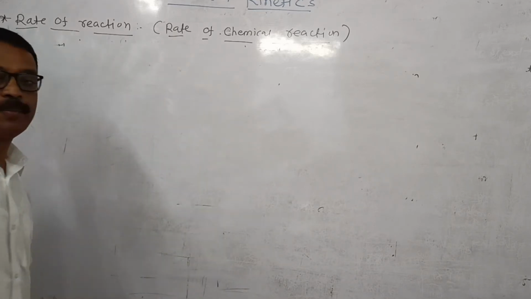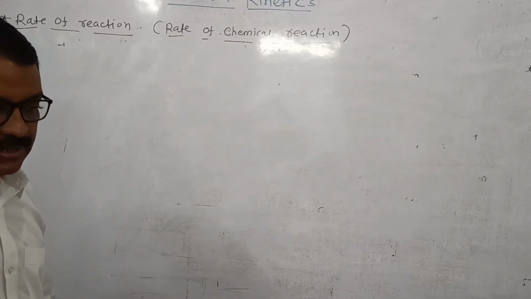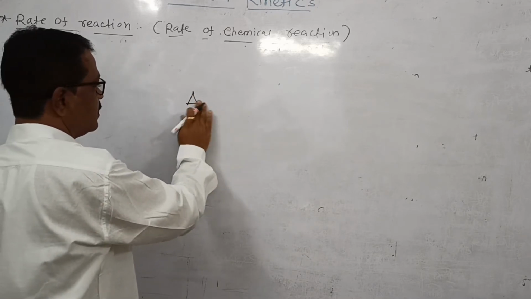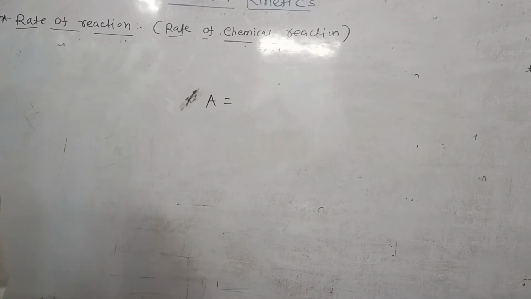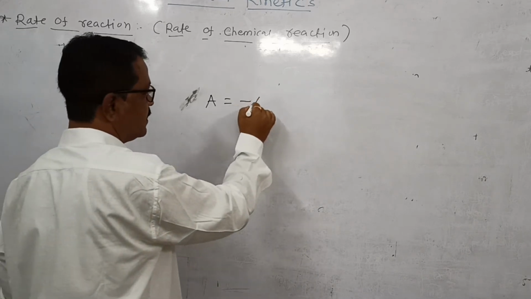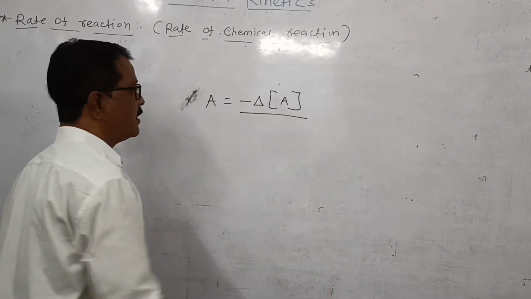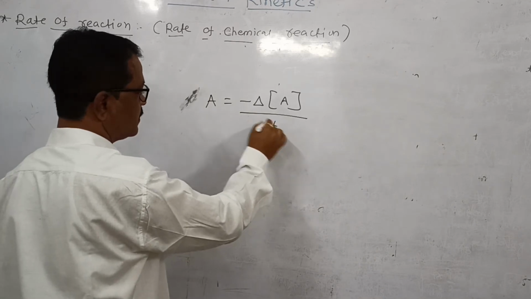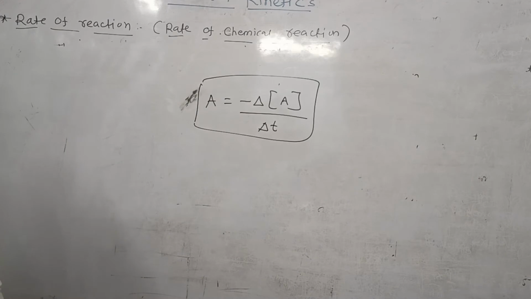Average rate of consumption of substance A is equal to minus delta concentration of A upon delta T. This is the average rate of consumption of substance.